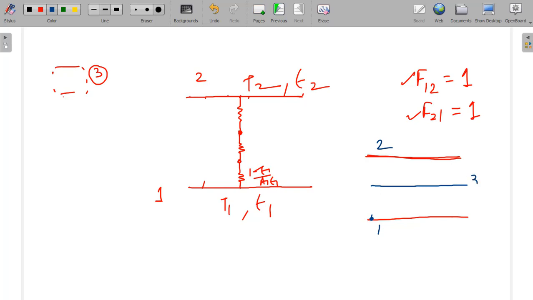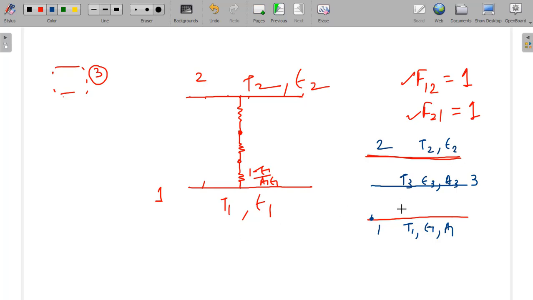If the third plate is inserted, all the properties are given, say epsilon 3, A3, and T3. And this was T1, epsilon 1, A1, and T2, epsilon 2, A2. Let us consider all having the same area also. So how can you solve this problem?